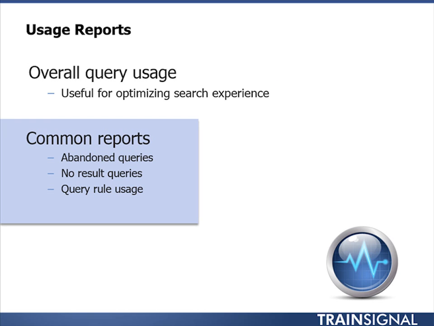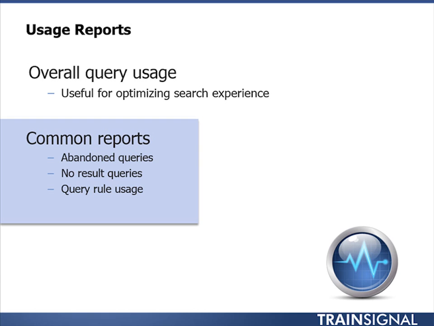Now, inside of our usage queries are a couple of very important reports. We have our abandoned queries reports. Now, our abandoned queries basically means that our user did a search and they didn't click on anything. Now, quite frequently, that's because they saw way too many links and whatever it was that they were looking for didn't show up right away.